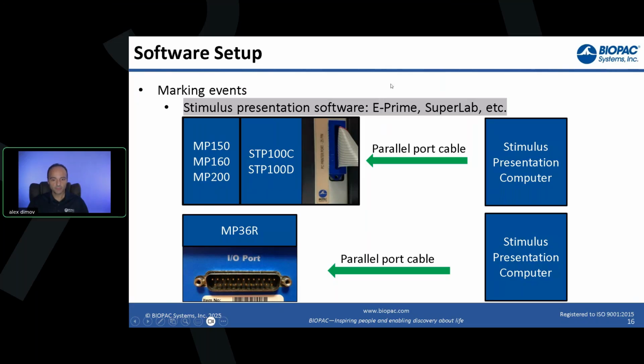But if you want to be traditional and use TTL lines, it's done via the STP100C and STP100D module, depending on which unit you have, MP150, 160, MP200. And also if you have the MP36R, there is actually an isolated port here. So we can make a connection with the stimulus presentation computer, and then we have access to 8 digital lines that can be used as a way to encode markers.